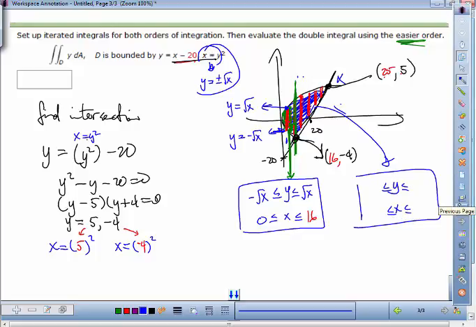So the limits for the other integral will be, for your y limits, remember your y is the one that's going to be touching the functions. This is the inner integral. Your y is going to go from what to what? So for each slice over here, my lower y limit is going to be what? So the lower is going to be the line.